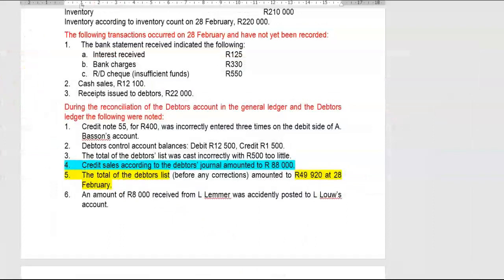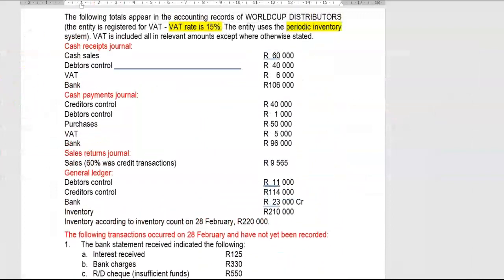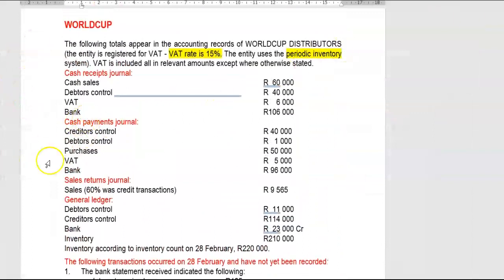Now let's have a look here from the top. What entries can be passed in our debtors control account? Cash sales. That has got nothing to do with debtors. Debtors control account, 40,000 Rand. Now remember, what do we post in the debtors control column in the cash book receipts journal?